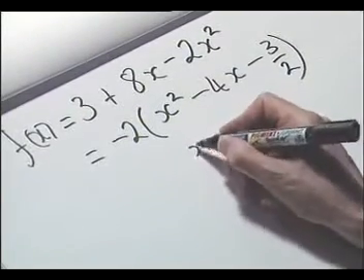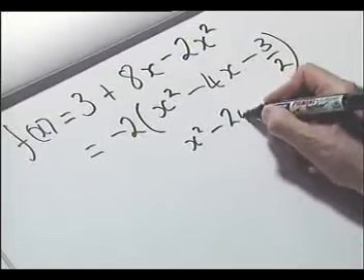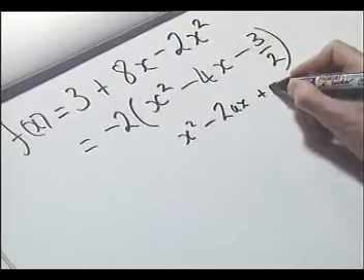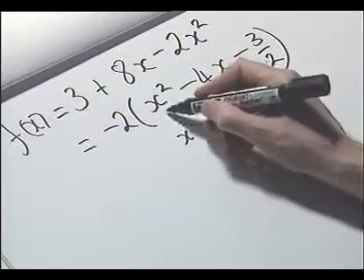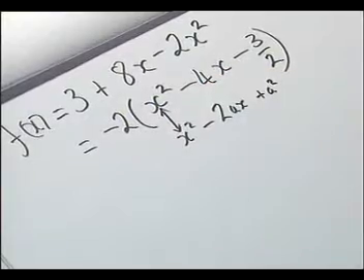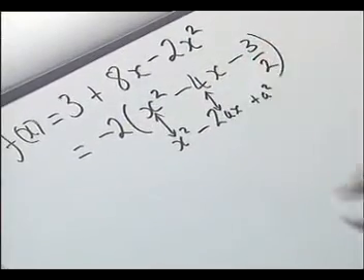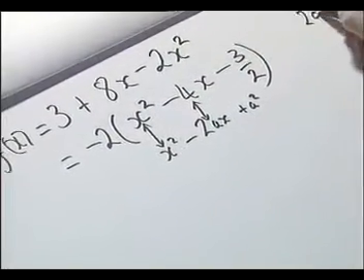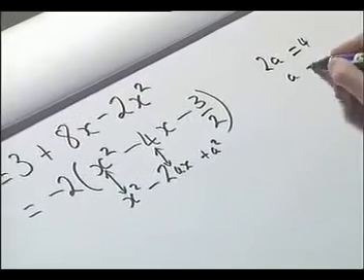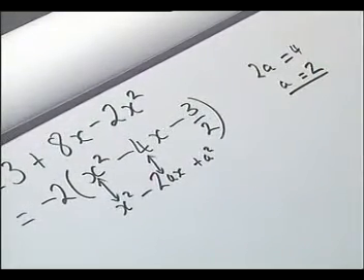We line this one up with x squared minus 2ax plus a squared. We want these two to be the same. 2a is equal to 4, so a has got to be equal to 2.